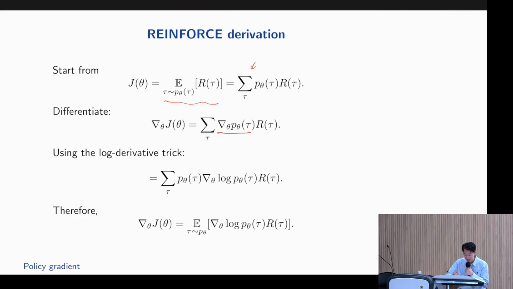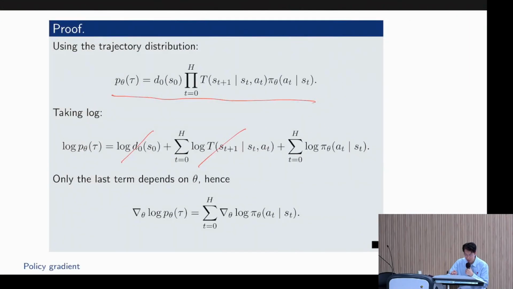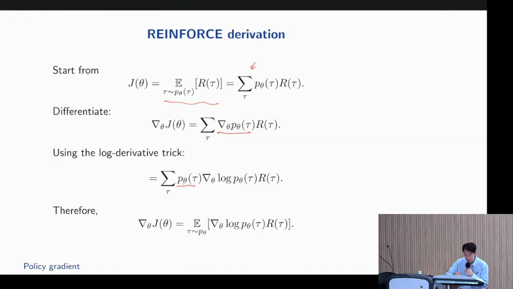Then for this guy, from the log derivative trick, I'm going to replace it with p of tau times gradient log p of tau. Therefore, I can also rewrite this in terms of expectation: expectation over the trajectory of gradient log probability of the trajectory times the return of the trajectory.